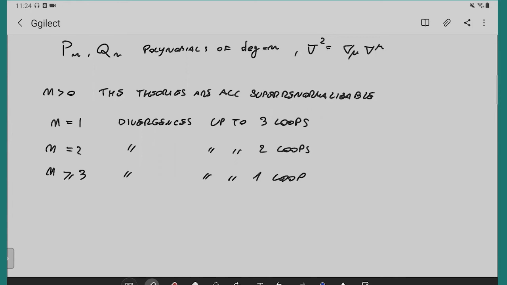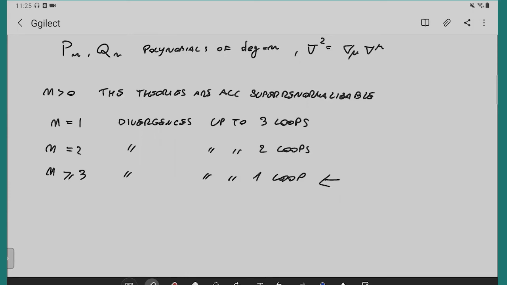If you want, you can make this theory finite anyway, because you have only 1 loop. For example, let's suppose you are in this case, you have only 1-loop divergences, so only a finite number of diagrams and only at 1 loop will be divergent. And you can introduce terms which are not kinetic terms, which do not contribute to the kinetic terms and contribute to the potential, let's say, if we can call it like this.